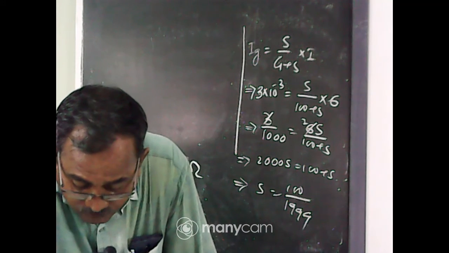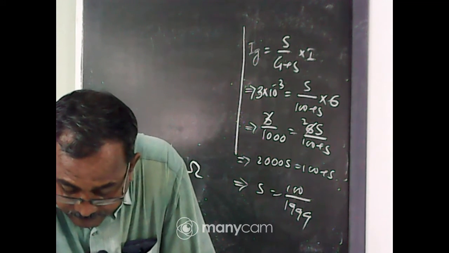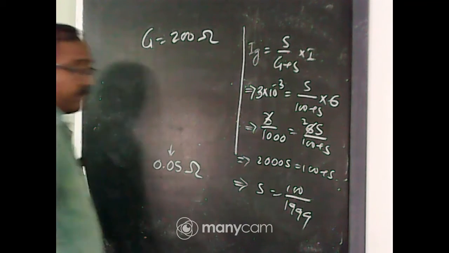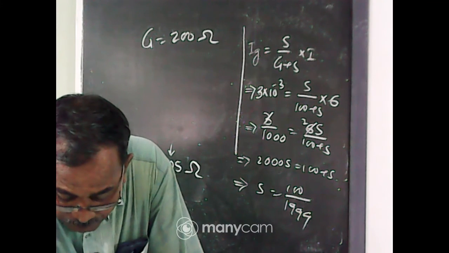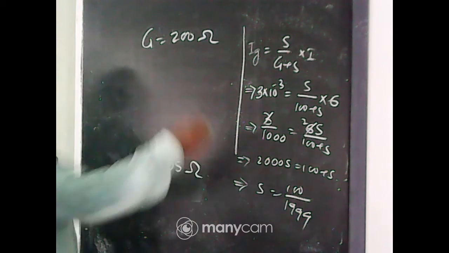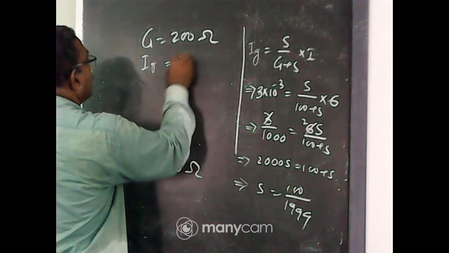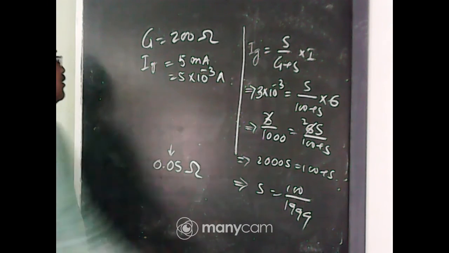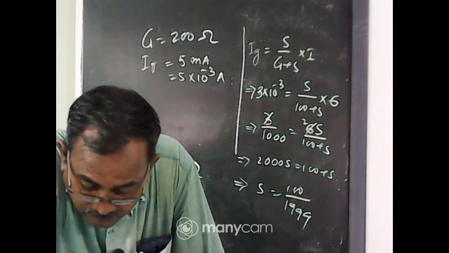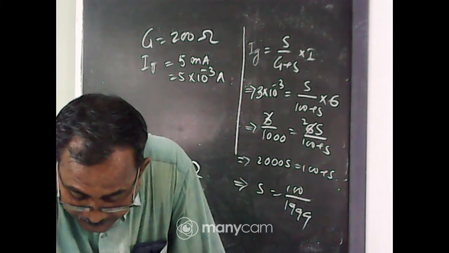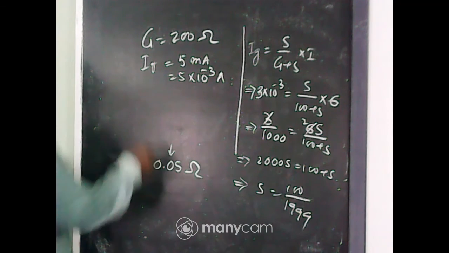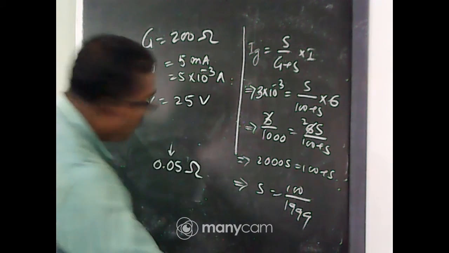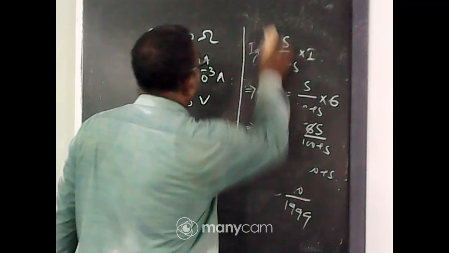Calculate the value of resistance needed to convert a galvanometer of resistance 200 ohm, which gives a full scale deflection for a current of 5 milliampere, into a voltmeter of 25 volt range. What will be its formula and what will be its answer?